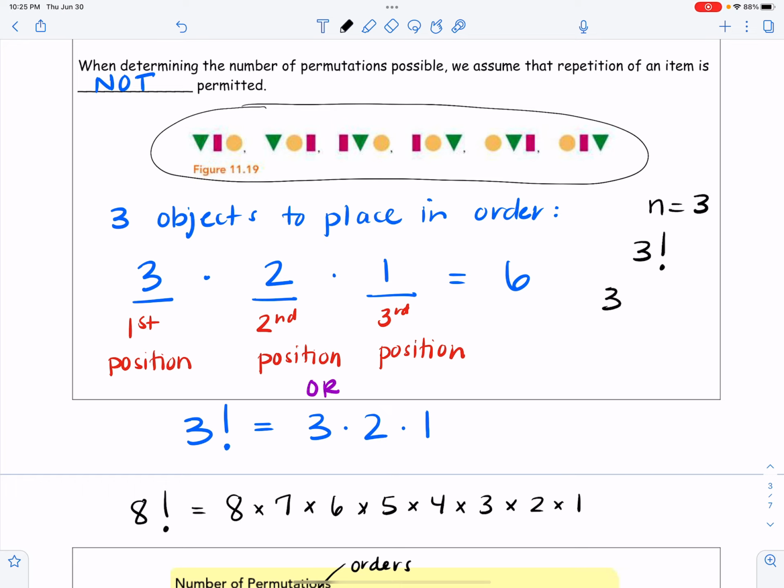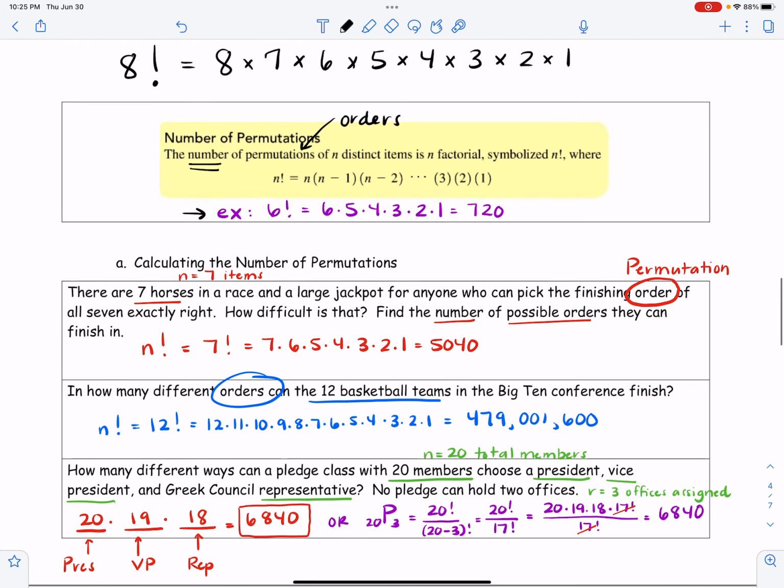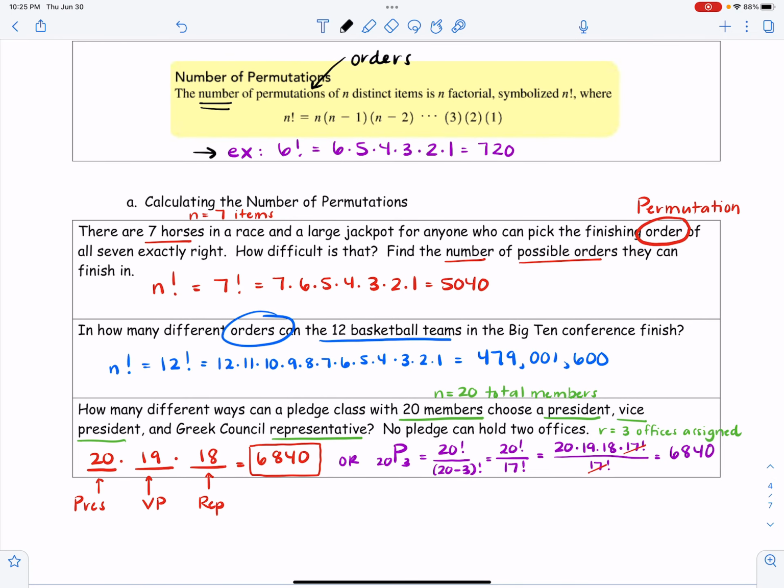That would be 3 times 2 times 1, which is 6. Again, this rule is kind of like a shortcut. Anytime you want to know the number of ways you can arrange objects in order, take the number of objects and evaluate its factorial.